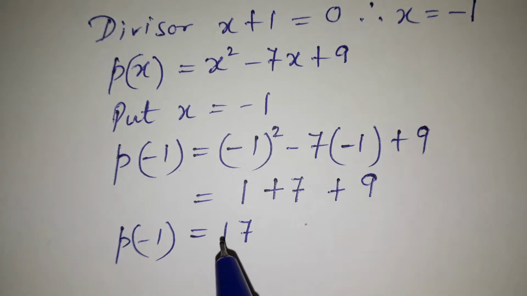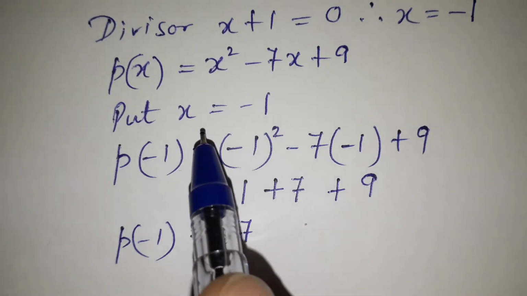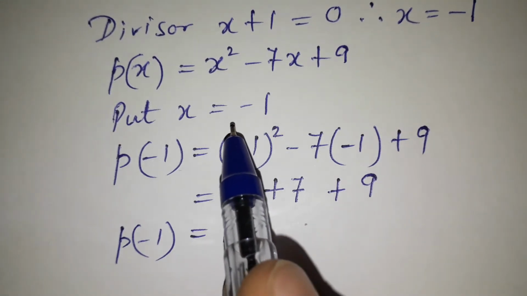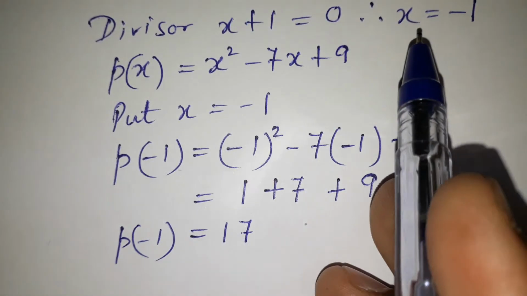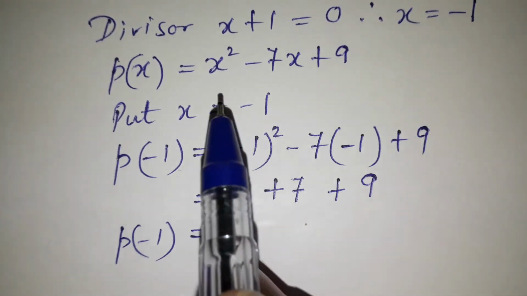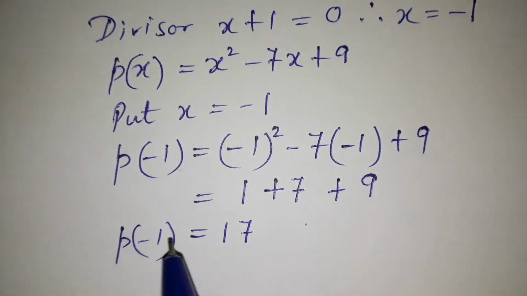As we discussed, once we equate the divisor to 0, we get the value of the variable, and we put that in the polynomial. We get the value of the polynomial, and that value will be the remainder.